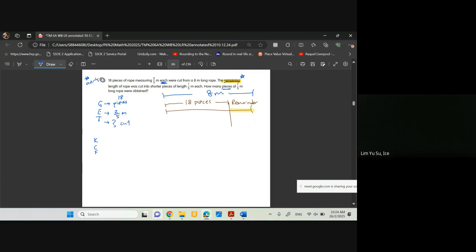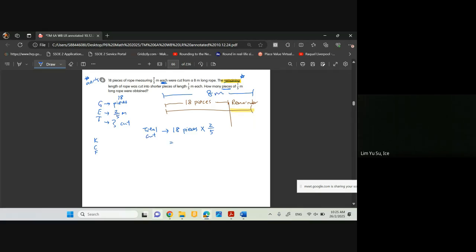Okay, solve this part first. So total rope cut will be 18 pieces, which is the group, times each piece is 2/5 meter. So I have 18 times 2/5.